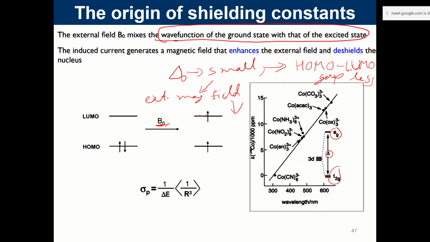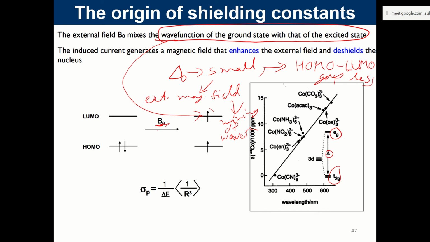Or you can say that one of the electrons goes to the LUMO. So mixing of wave functions can occur, and you can have circulation of the electrons through the LUMO, which was unoccupied in the ground state, but on applying a magnetic field it is happening.